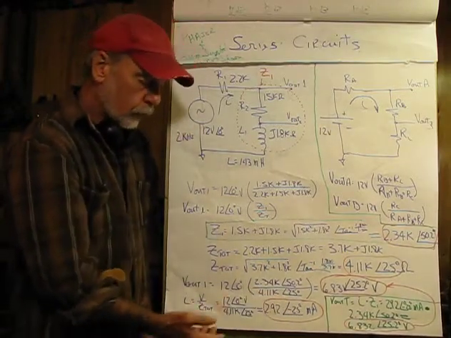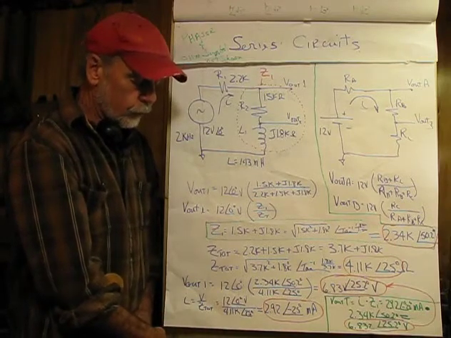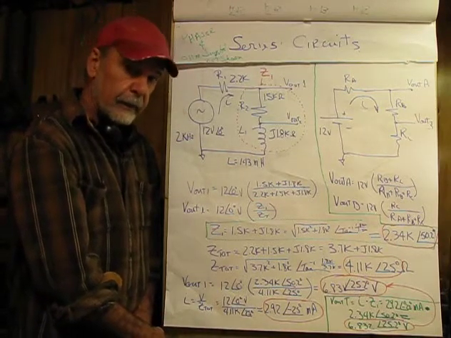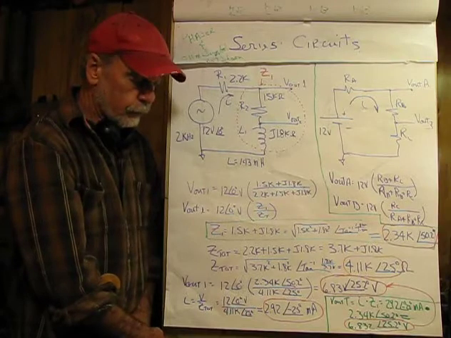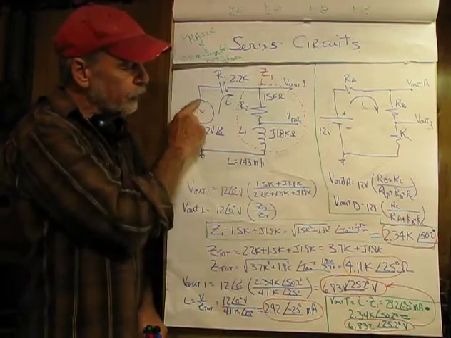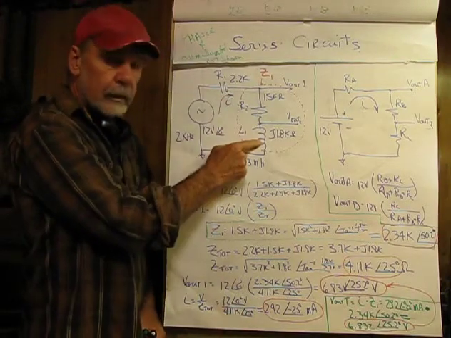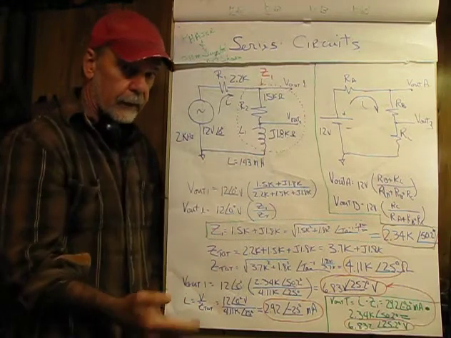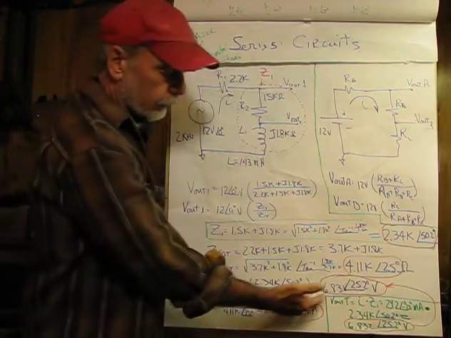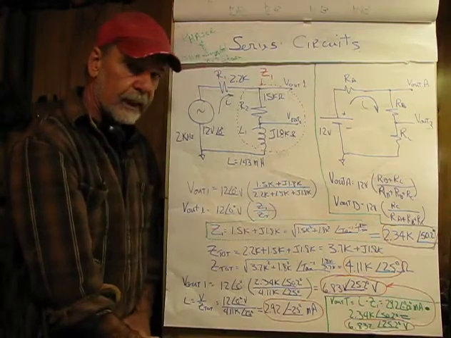So the total current flowing in the circuit is 2.92 milliamperes at negative 25 degrees. Now, if I push that current through Z1, I ought to get the same Vout that I got before, and that's what I've done here in the green box.